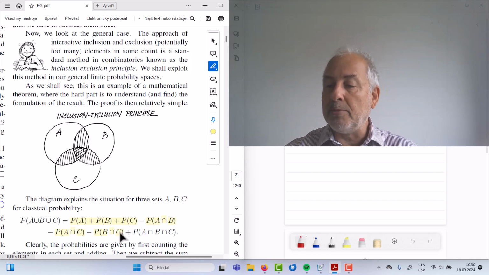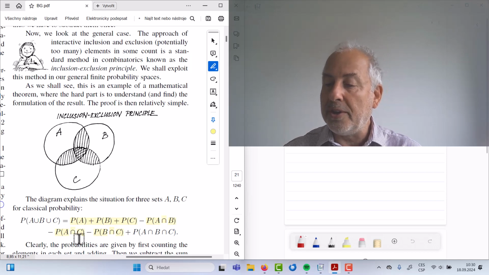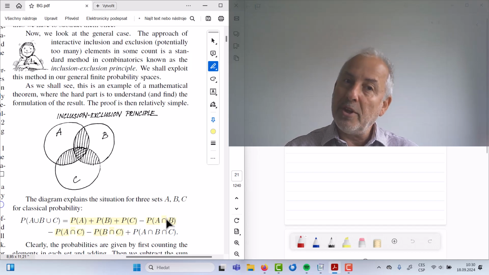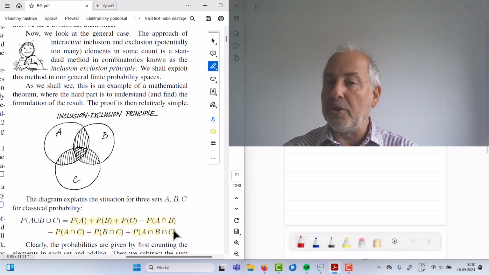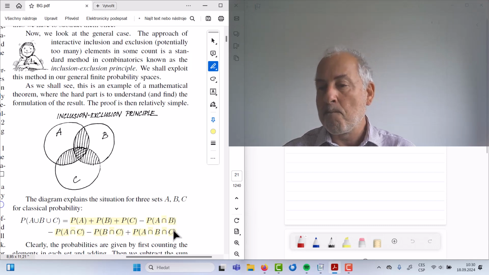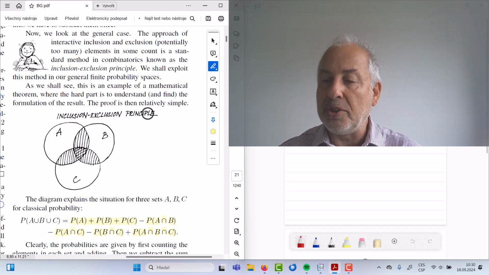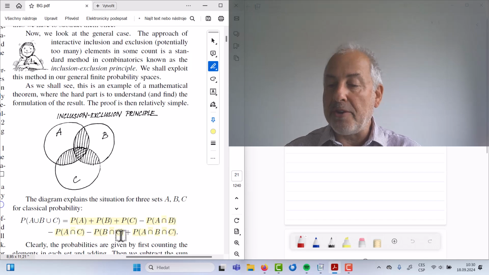But there is a problem, because those who were in all 3 of them were actually subtracted too many times, and then we have to correct this, and this is just adding the probability of the complete intersection. Right, and this is what in combinatorics is called the inclusion-exclusion principle. And again, by counting the points in the sets, you can verify this directly. It's not such a big deal.